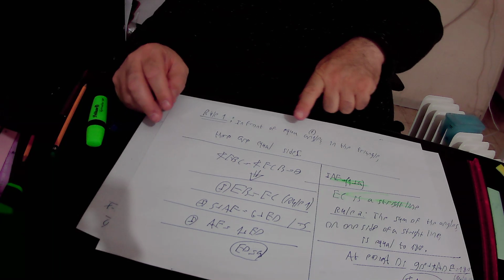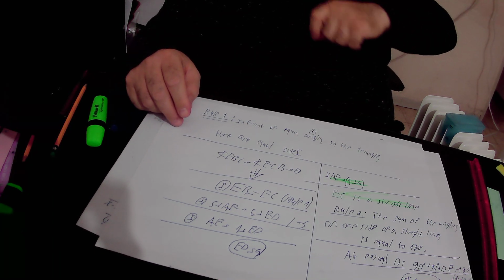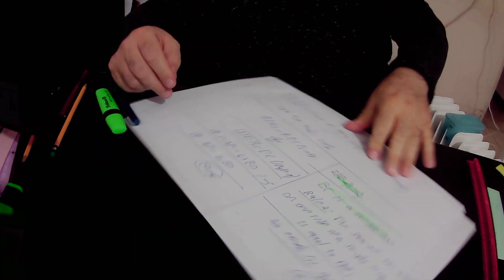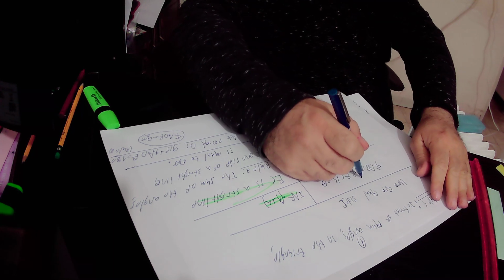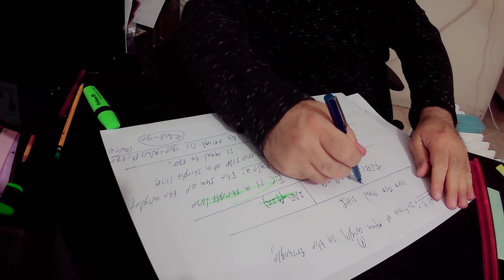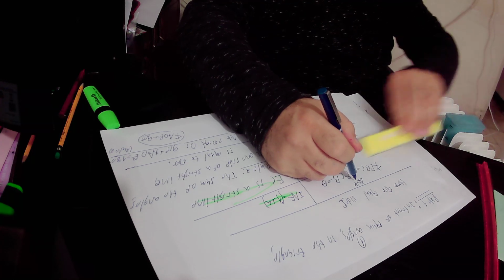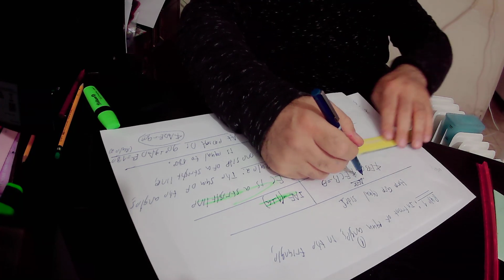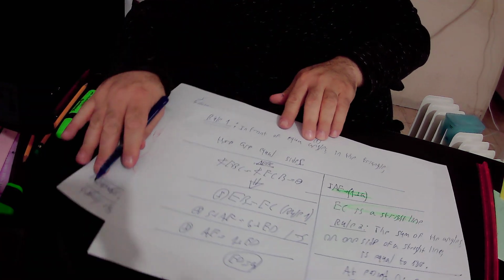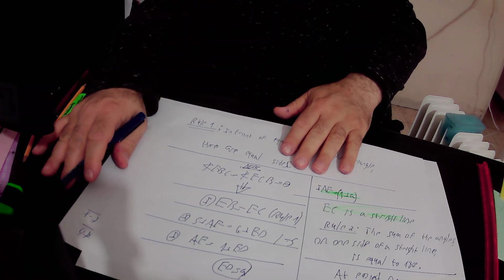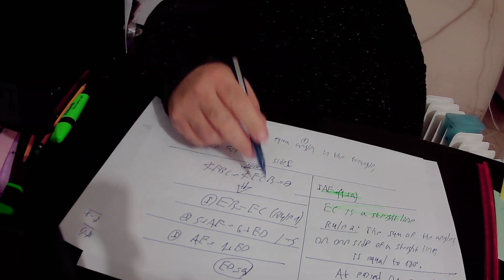Because of the fact that in triangle EBC, we know that angle ABC equals to angle ECB, and they're both equal to theta. Therefore, according to rule number 1, side EB equals to side EC.